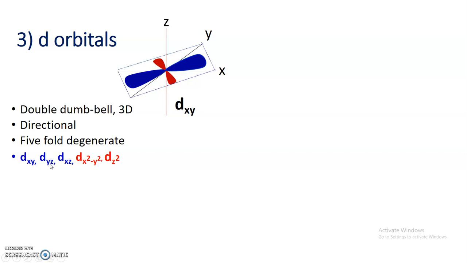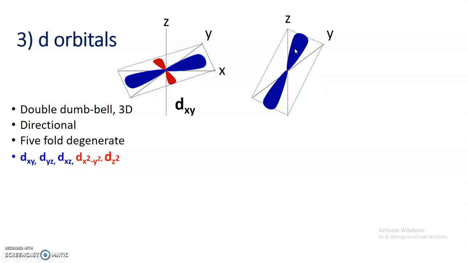Now consider the shape of the dyz orbital. Consider the z and y axes, which are at right angle to each other. Now consider the yz plane. This is the yz plane. These two lobes are oriented in between the y and z axes.